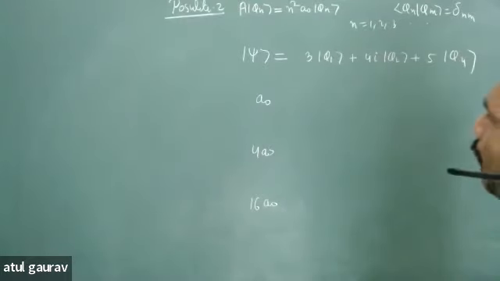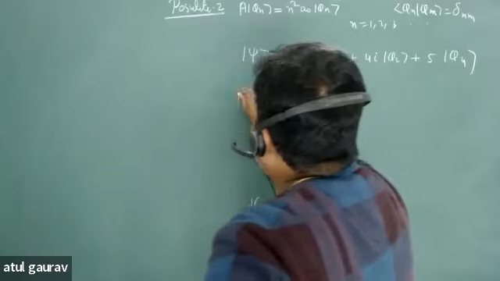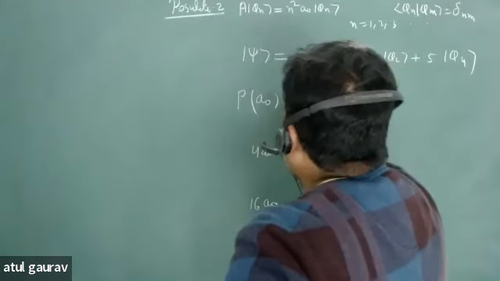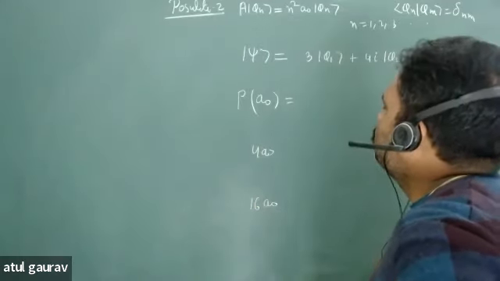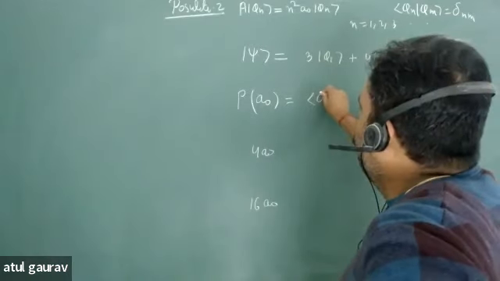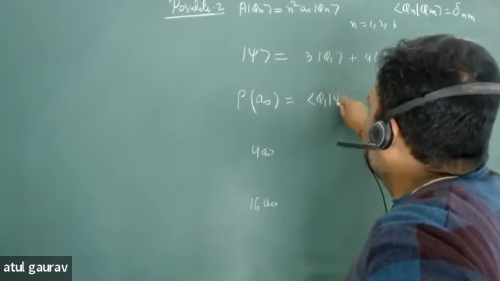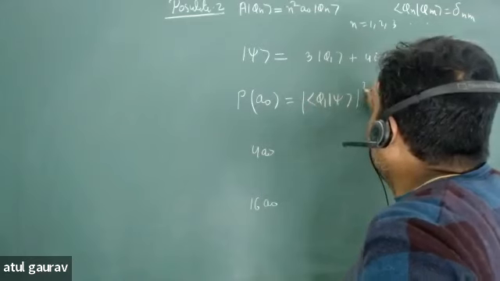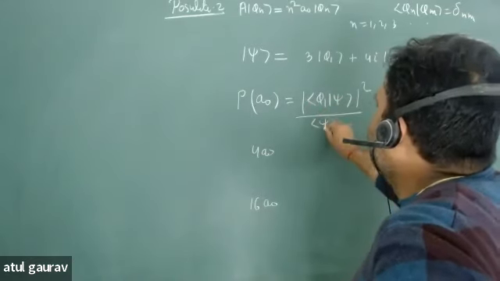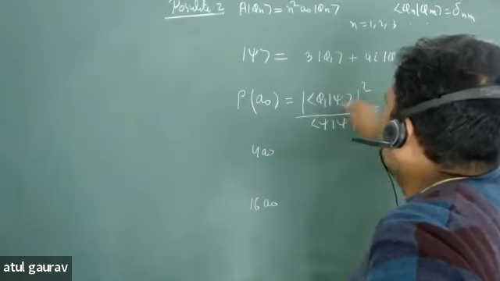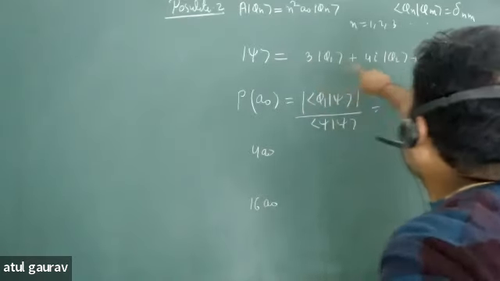Now you have to calculate the probability of A naught. What will be that? Mod of phi 1 psi, mod square. Very good. And this value is what? Phi 1 psi, phi 1 kiske saath couple karega?